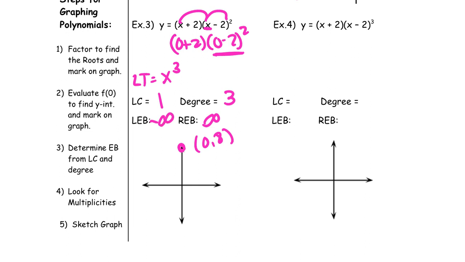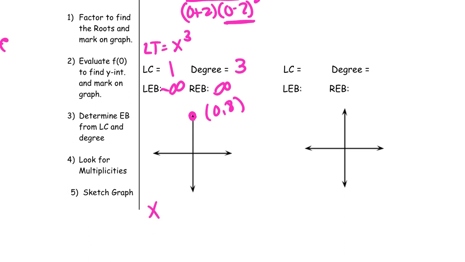Left-end behavior. Okay, now let's figure out our roots. To figure out our roots, we take our factors, which are these things up here that are being multiplied, and we solve them. So I have x plus 2 equals 0, and I have x minus 2 squared equals 0. So this one is x equals -2.